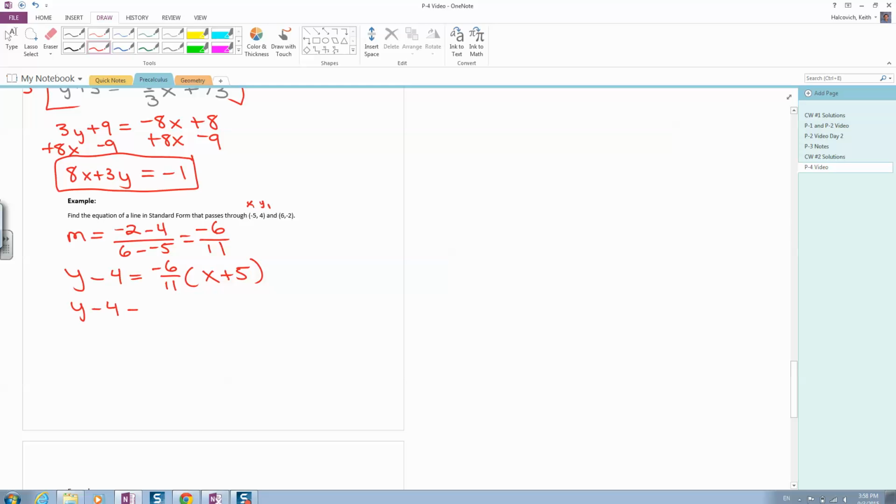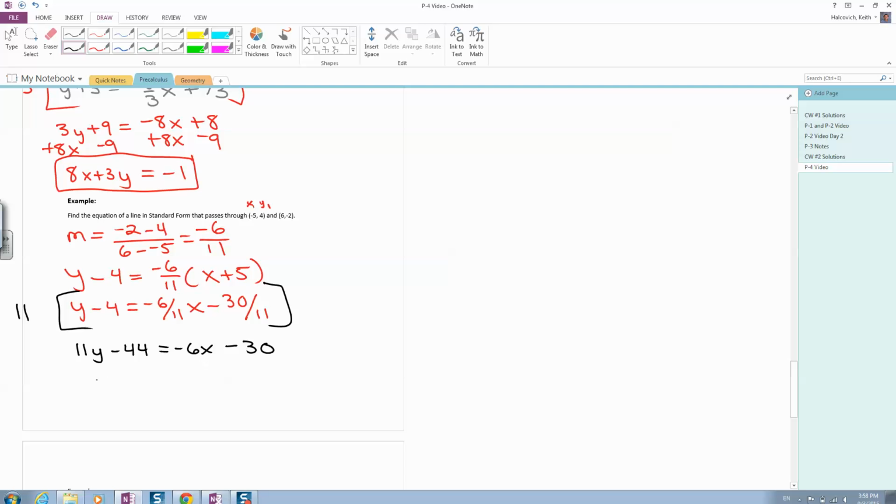Distribute. So you get -6/11 x minus 30/11. Then you're going to have to multiply by 11 to get rid of the fractions because you want it in standard form. So it's 11y minus 44 equals -6x minus 30.